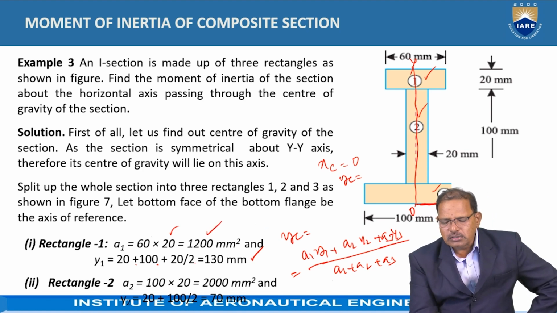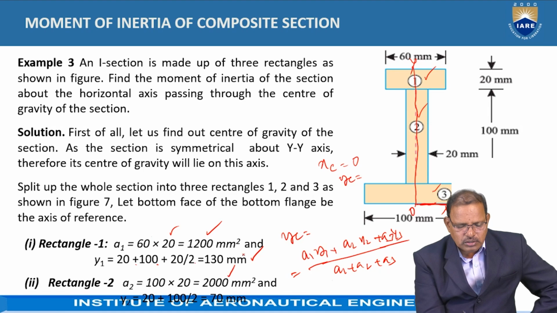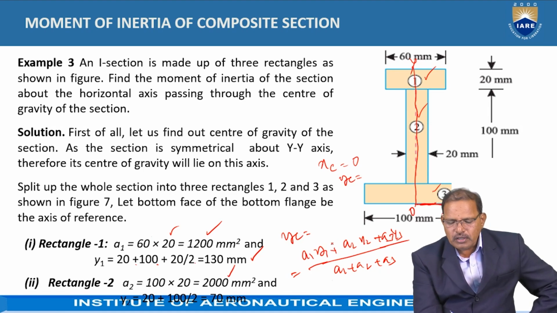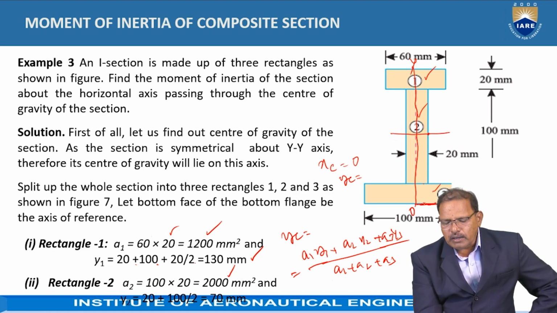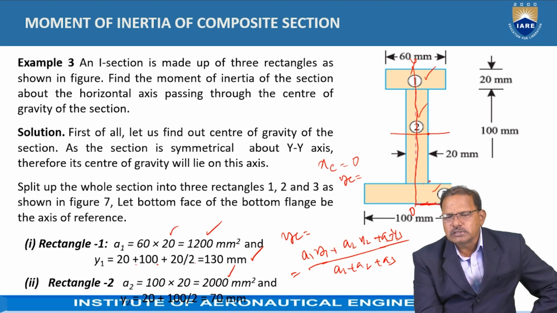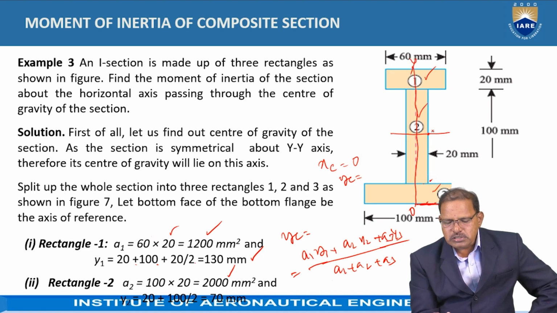Similarly, for the second rectangle, height is 100 mm and width is 20 mm, so the area is equal to 2000 mm square. The centroid lies at a distance of 50 mm within this one, but from the bottom, 20 plus 50, it is equal to 70 mm.